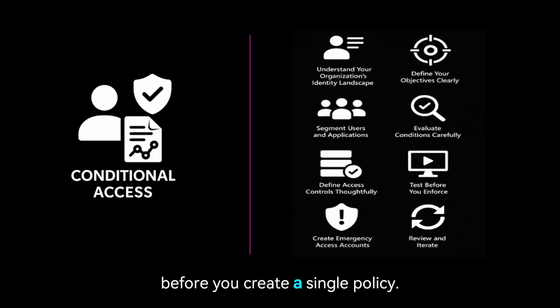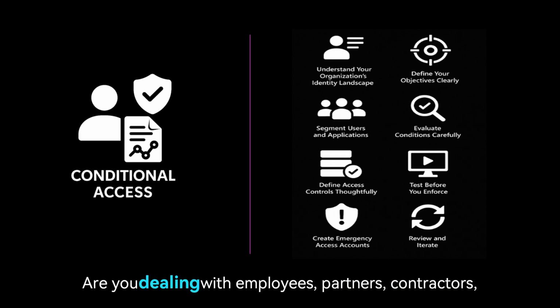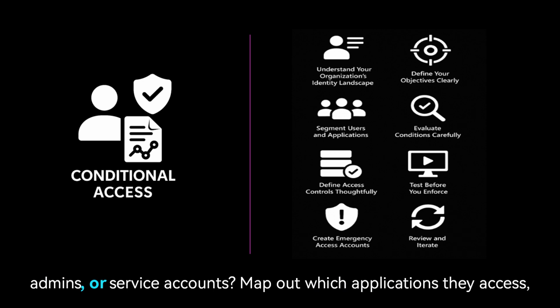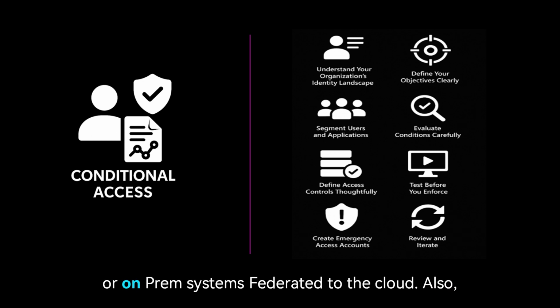Before you create a single policy, you need to know who your users are and how they work. Are you dealing with employees, partners, contractors, admins, or service accounts? Map out which applications they access, whether it's Microsoft 365, line of business apps, or on-prem systems federated to the cloud.